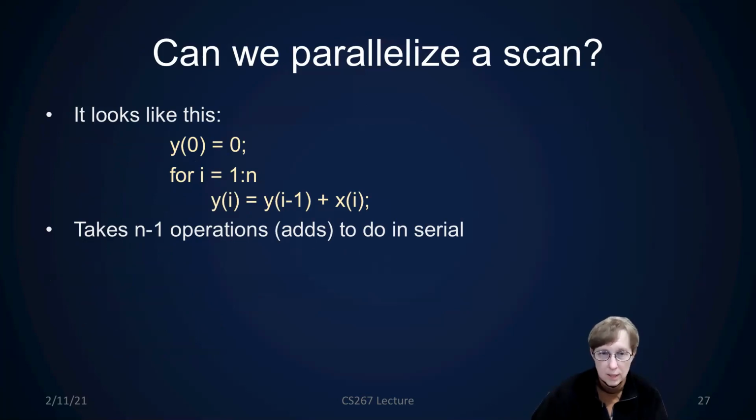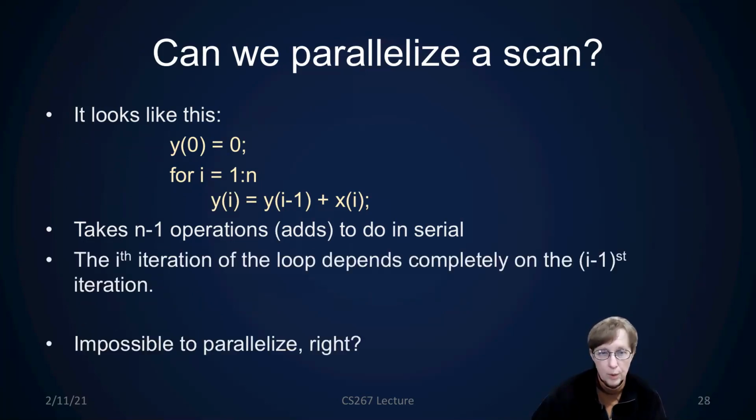In serial, this computation takes n minus 1 add operations. But what about parallel? It looks like an inherently serial algorithm. The ith iteration of the loop depends completely on the i minus first iteration, so we can't really parallelize this directly as it's written down because of this dependence.